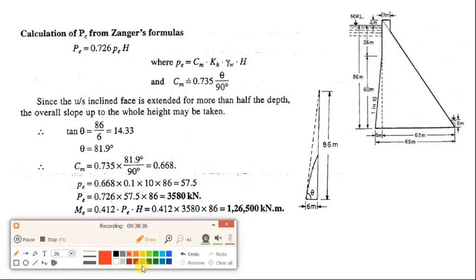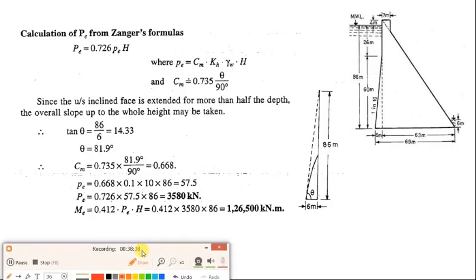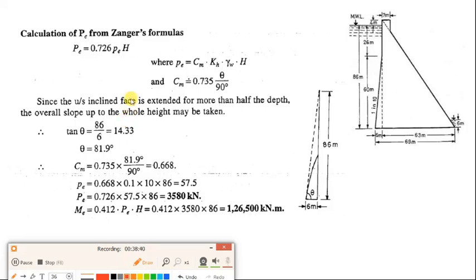Again, the complete discussion on the hydrodynamic force is in another lecture I uploaded on the forces acting on a gravity dam. You can watch that lecture. I have provided the link here.